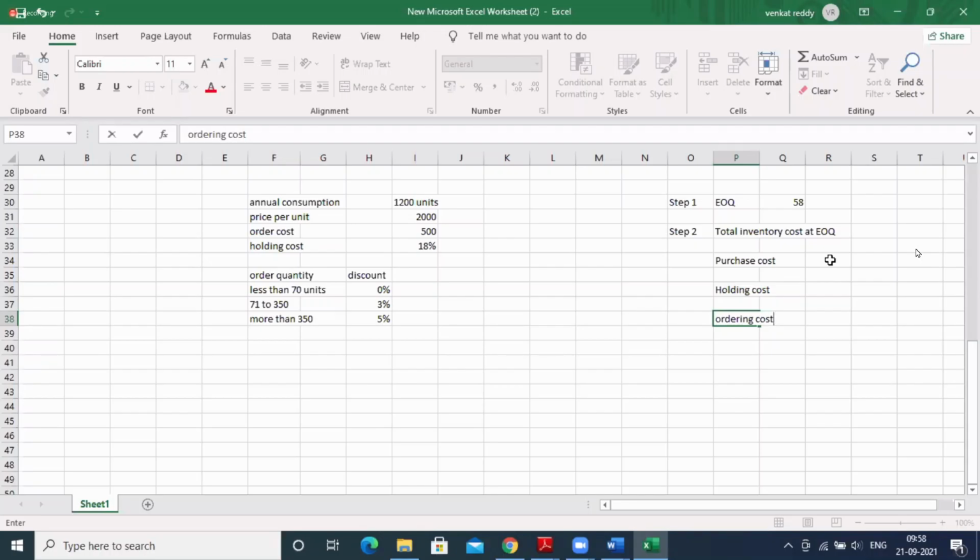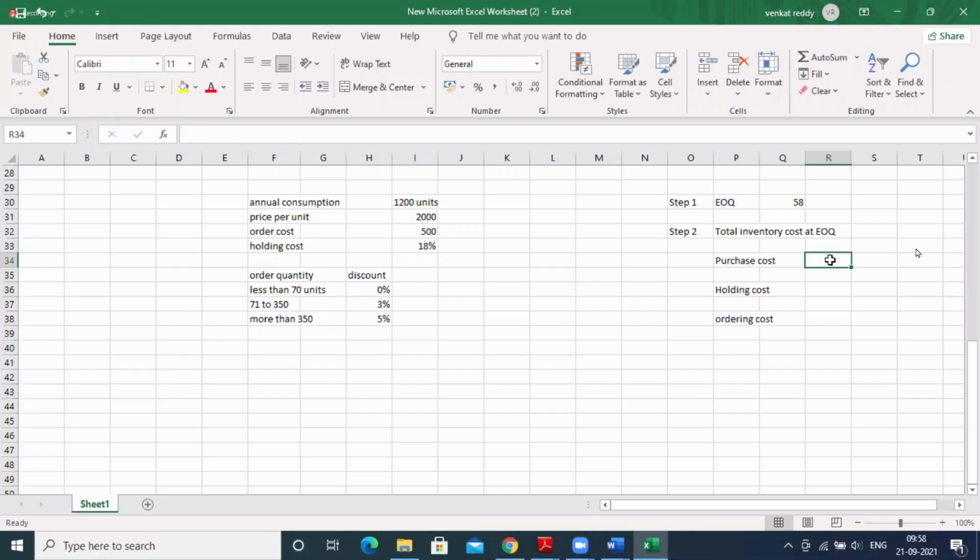To calculate inventory cost, we need three: purchase cost, holding cost, and ordering cost. So what is the purchase cost? Anyone? I hope you might be knowing how to calculate purchase cost, right?